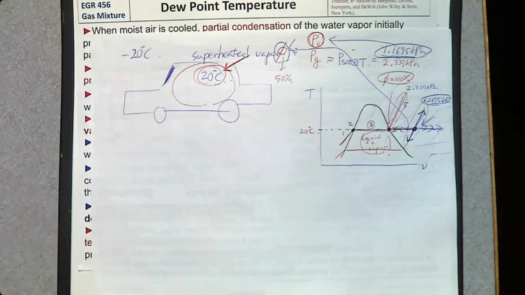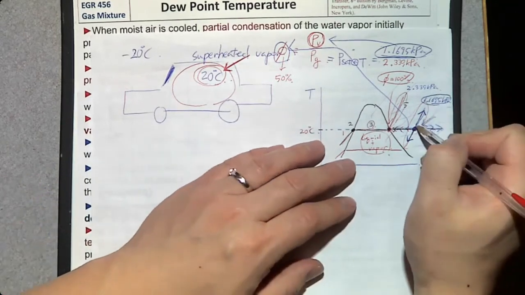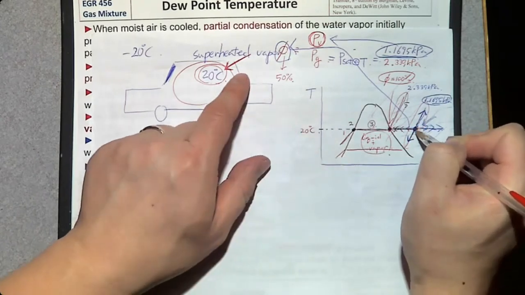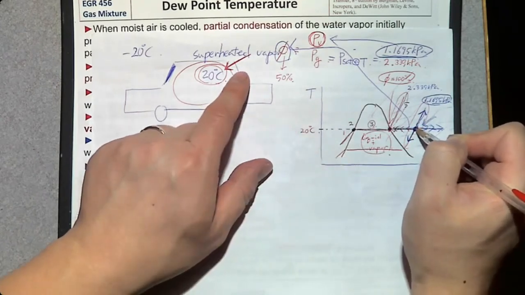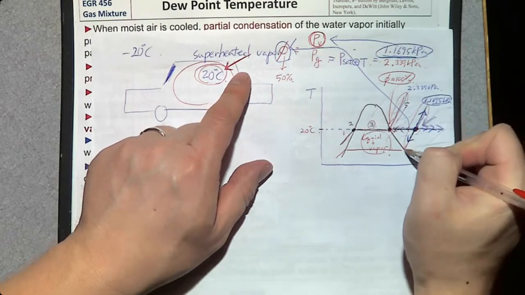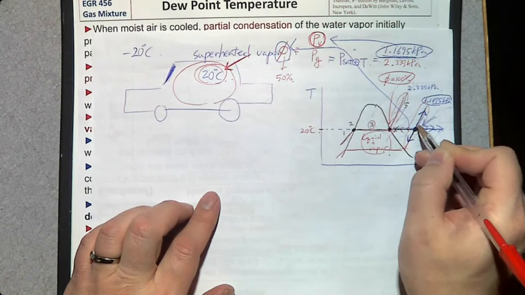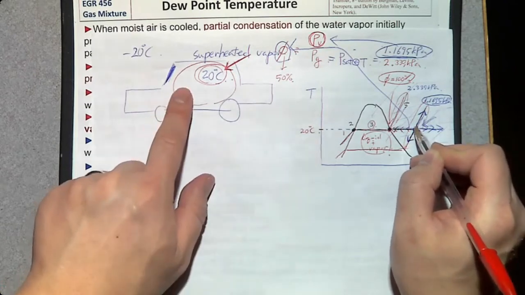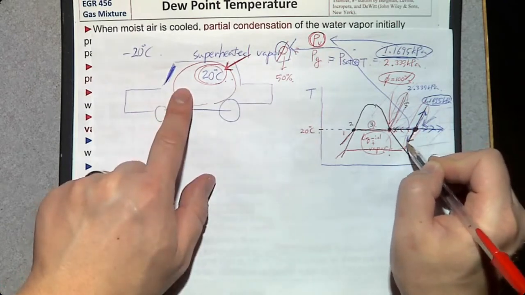If you do not change the mass of water vapor, then the only way the water vapor can move is up and down on this partial pressure line. So if you decrease the temperature of the cabin, it's going to move downward.